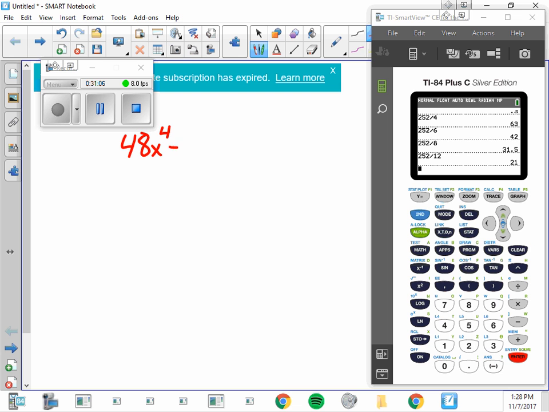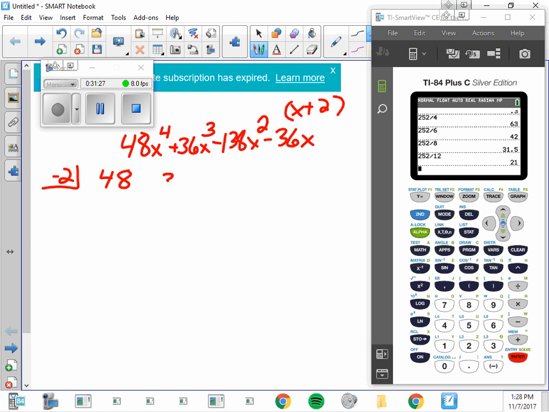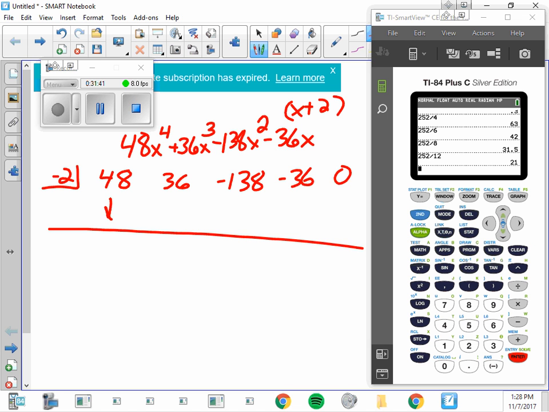48x to the 4th plus 36x to the 3rd minus 138x squared minus 36x, and I'm going to test x plus 2. What number goes in the box? Negative 2, and my coefficients will be 48, 36, negative 138, and negative 36, and 0. All right. 48, I have a bad feeling about this.